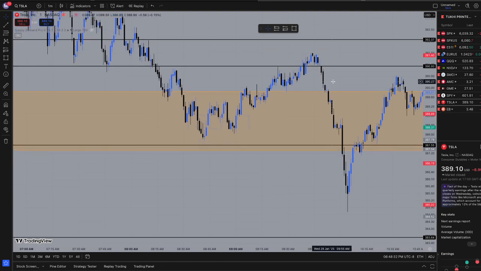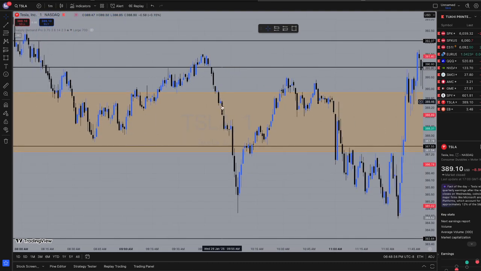But then clearly you can see here we fell into this supply zone, which just means that sellers were pretty strong moving into this demand. And once we moved into this demand, there weren't any clear signs of buying, indicating to us that, okay, looks like these buyers are a bit tired.